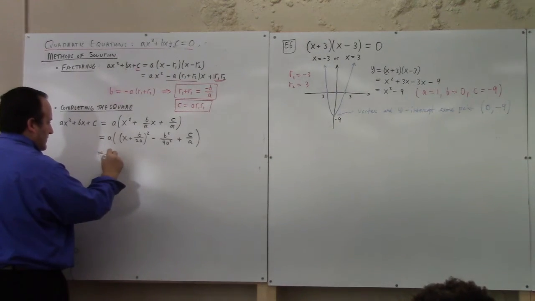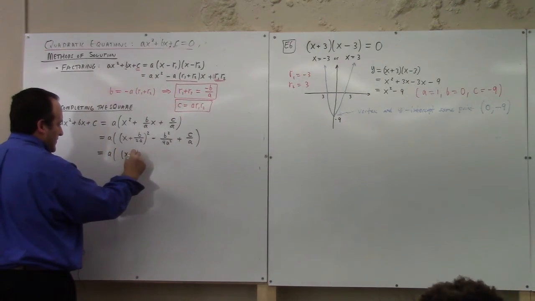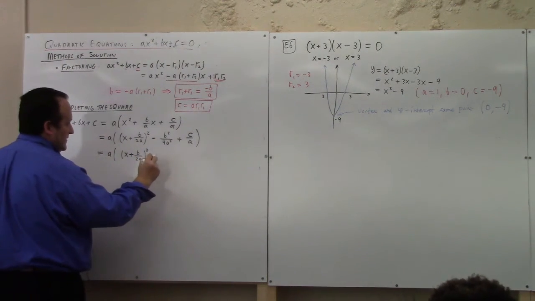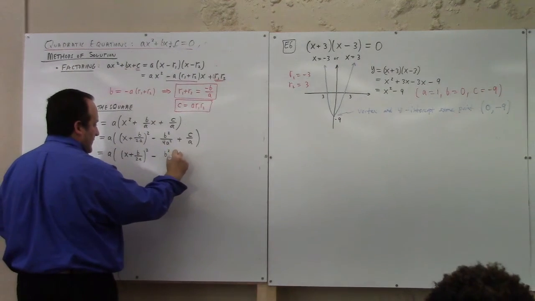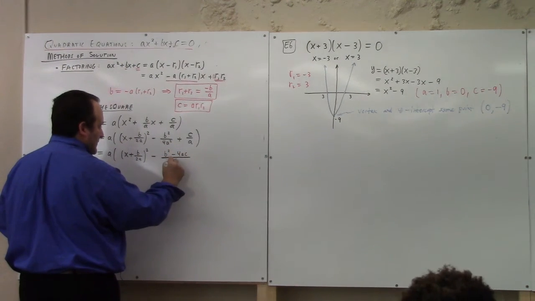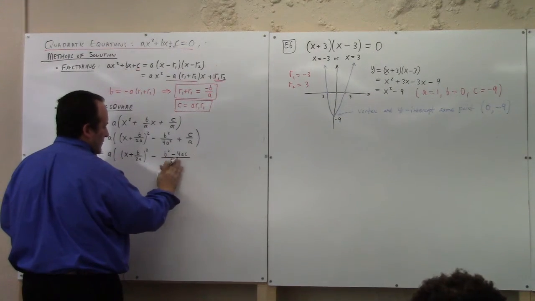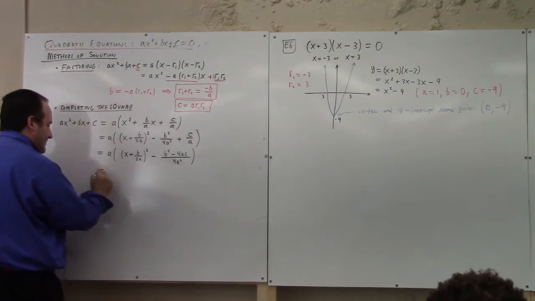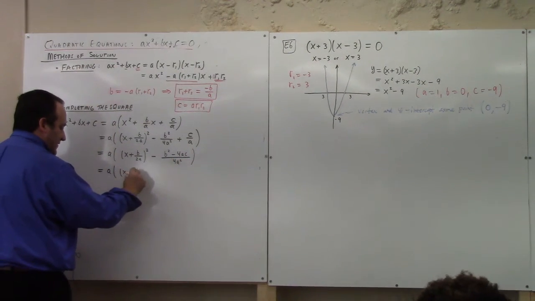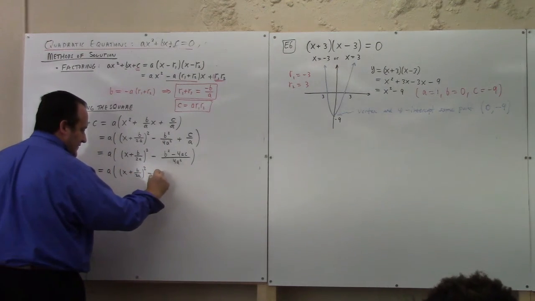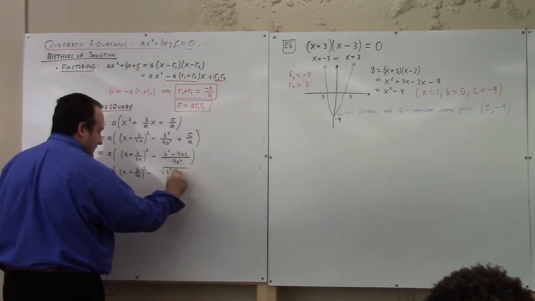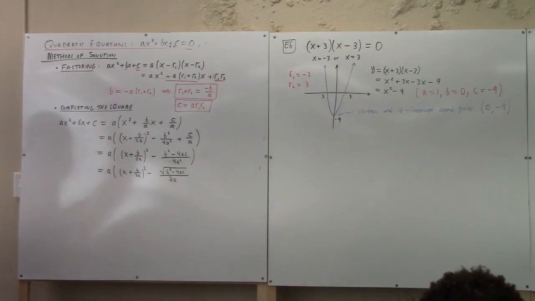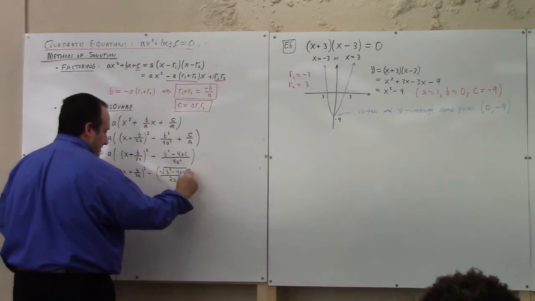So this is a times (x plus b over 2a) squared minus, well, (b squared minus 4ac) over 4a squared. So that's a times (x plus b over 2a) squared minus the square root of (b squared minus 4ac) divided by 2a, all of that squared, right?